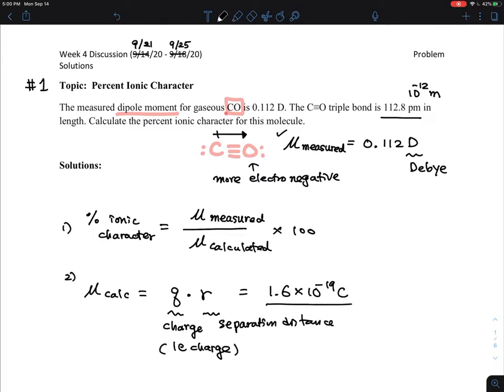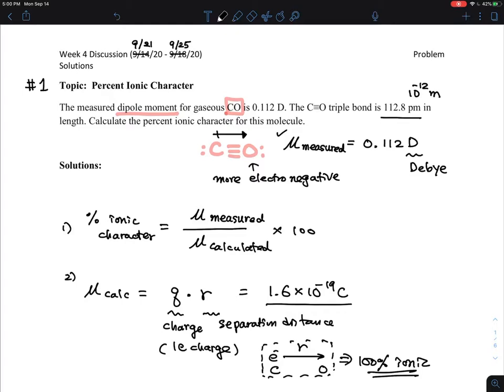Okay, so we are just assuming that one electron is completely given away to the other atom over the distance r, due to electronegativity differences from one atom to the other. In this case it is carbon and oxygen. That will be essentially 100% ionic, right? And so that will be our indication.